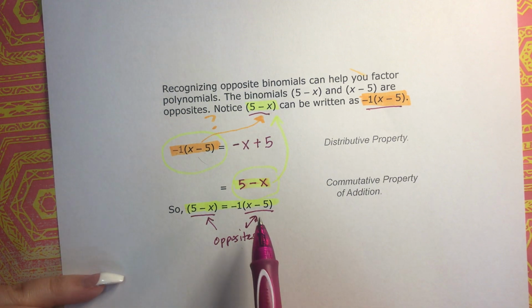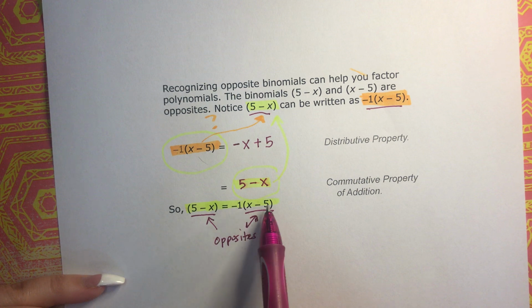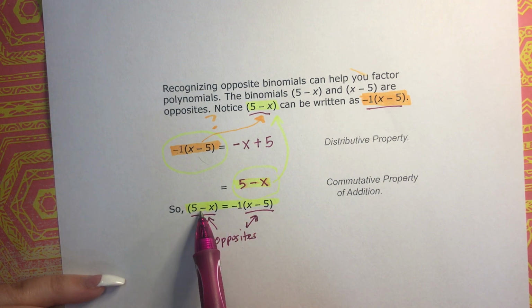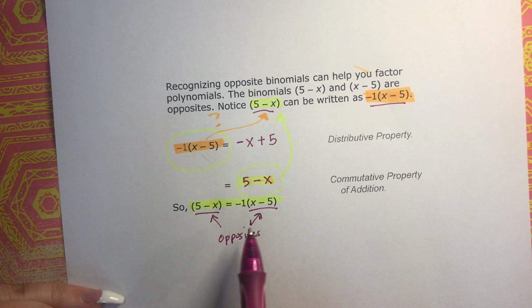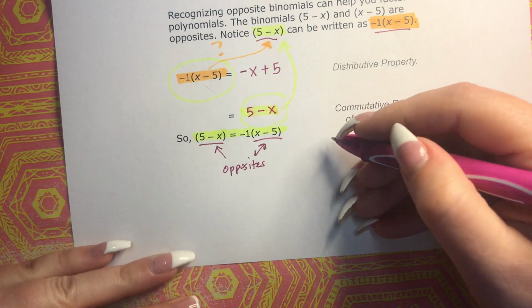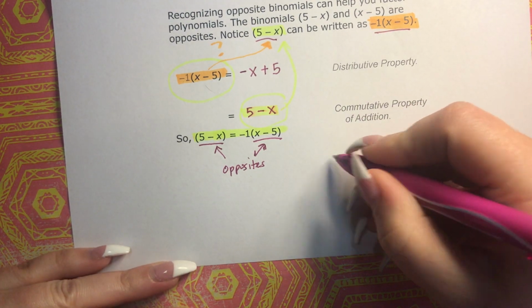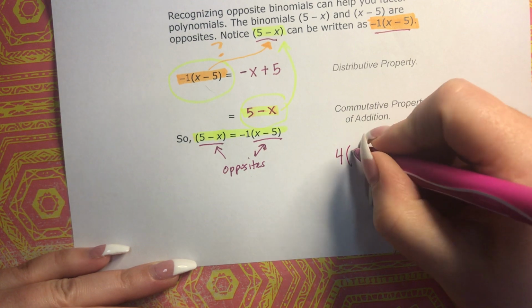So what this is basically saying is, if you take an opposite and you either factor out a negative 1 or multiply it by a negative 1, you get the other opposite, okay? And this is going to be very, very important because when we factor by grouping, you're going to have something like this. There's going to be 4 terms, right?